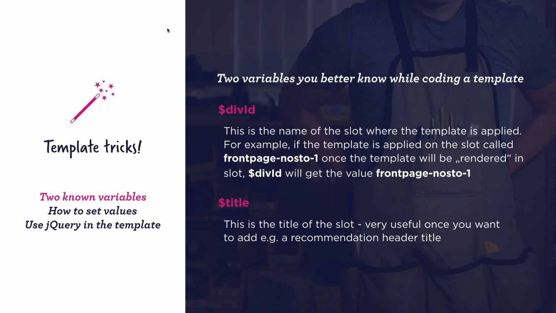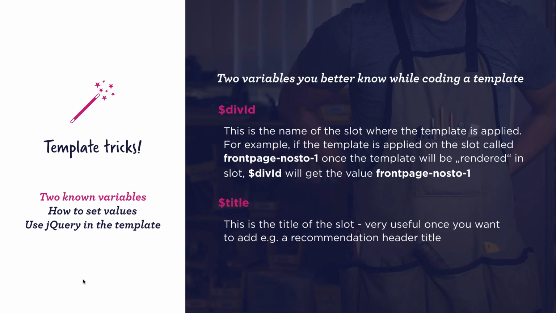So this means that when you are applying a certain template on a slot called front page Nosto1, the variable div ID within the template is going to be rendered on the website with the name of the slot, which is going to be front page Nosto1. And this is very good, especially when you are writing, for example, CSS or jQuery, for aiming and seeking the right ID.